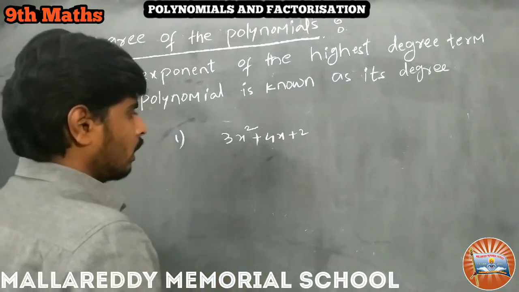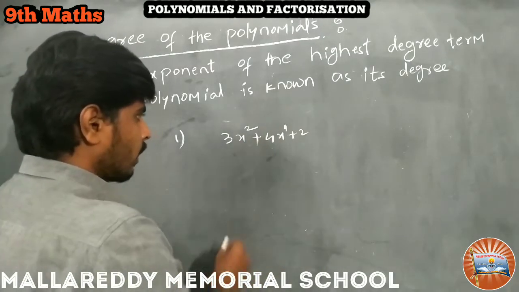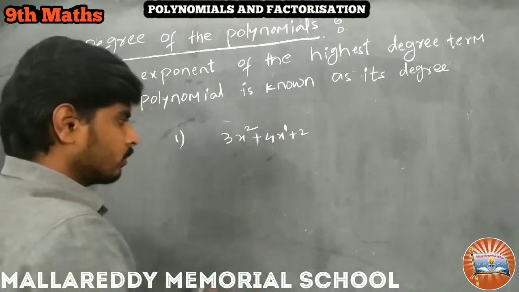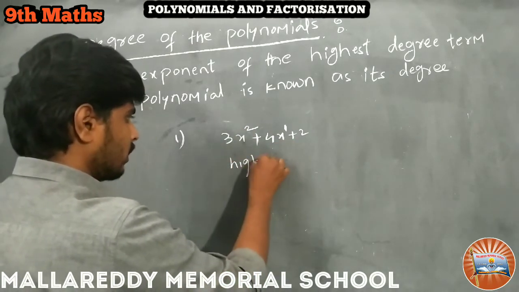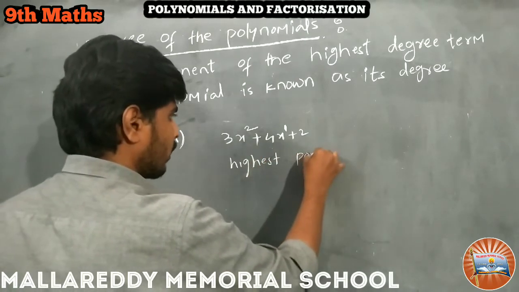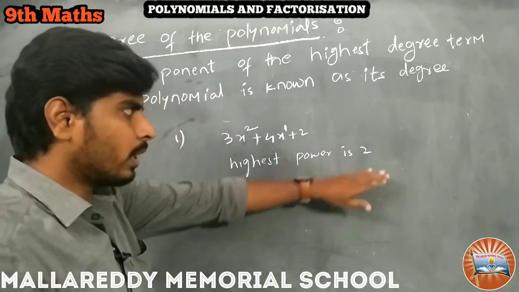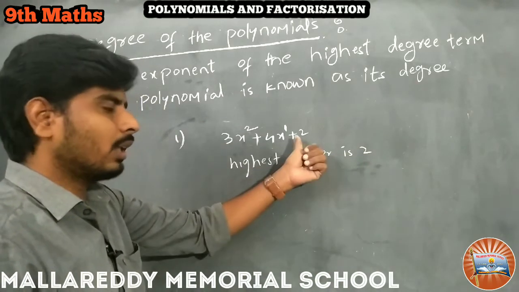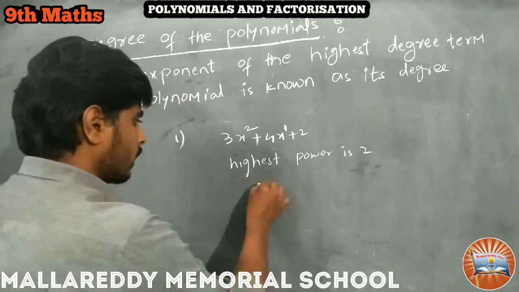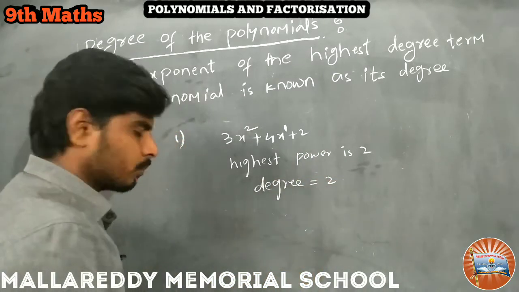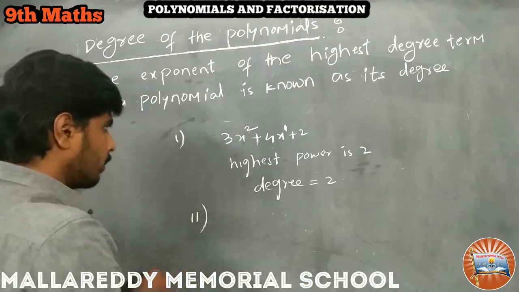The power of x is 1 in one term, and the power of x is 2 in another. So the highest power is 2. This 2 is called the degree of this polynomial. So the degree equals 2. We'll see one more example here.